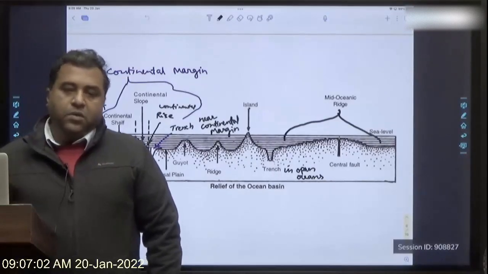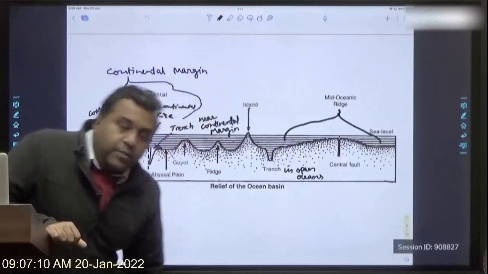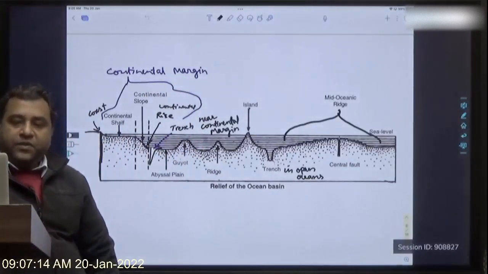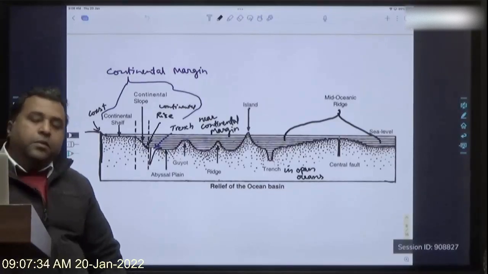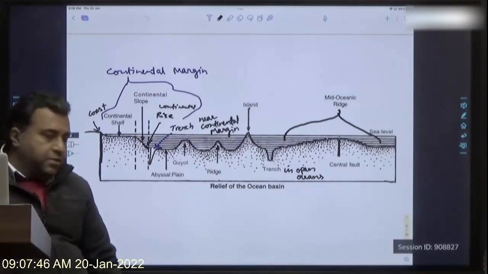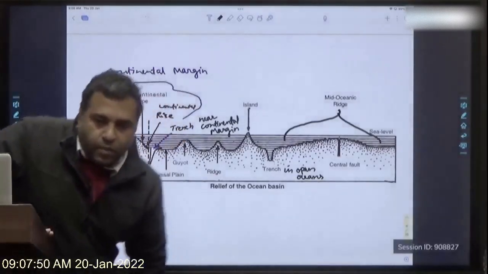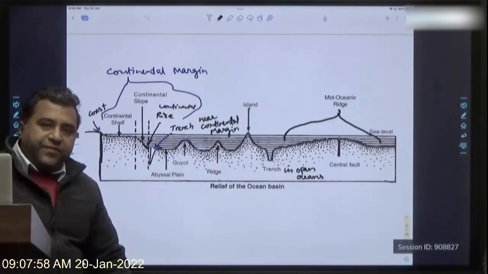characteristics of the ocean floor that we realized, that we came to know about, based on the studies done after the Second World War, as given below.